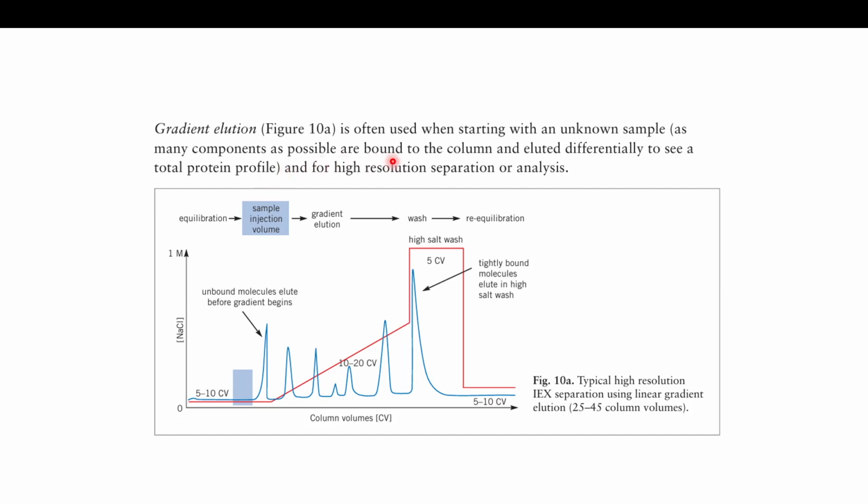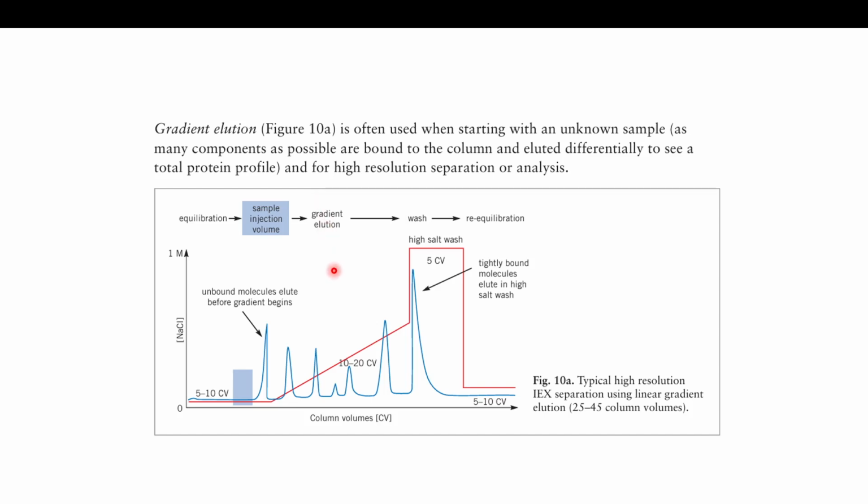And many components will be bound to the column as well and will be eluted differently, based on their interactions with the matrix as well as interaction with the buffer or the mobile phase. So for that, a gradient is given where we don't really know, suppose we looked at ion exchange chromatography, what kind of ionic strength will eventually elute out our protein of interest or our molecule of interest.